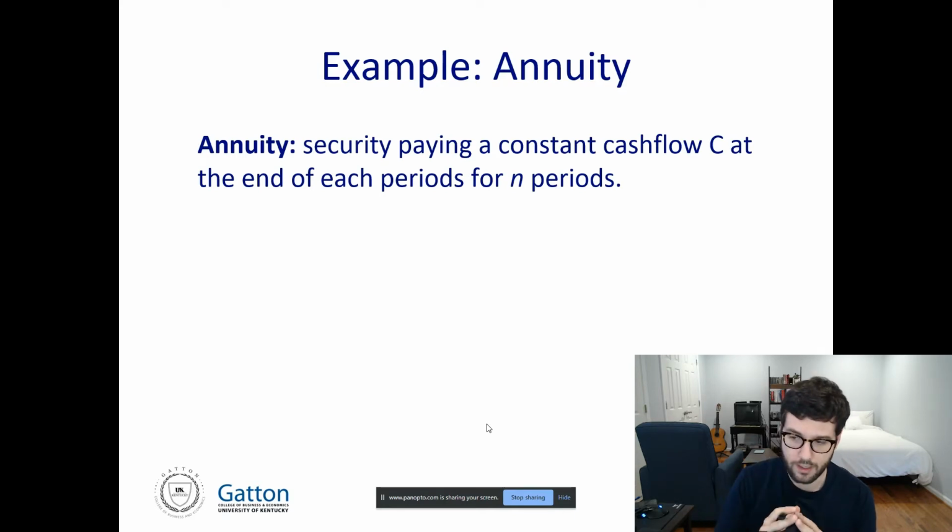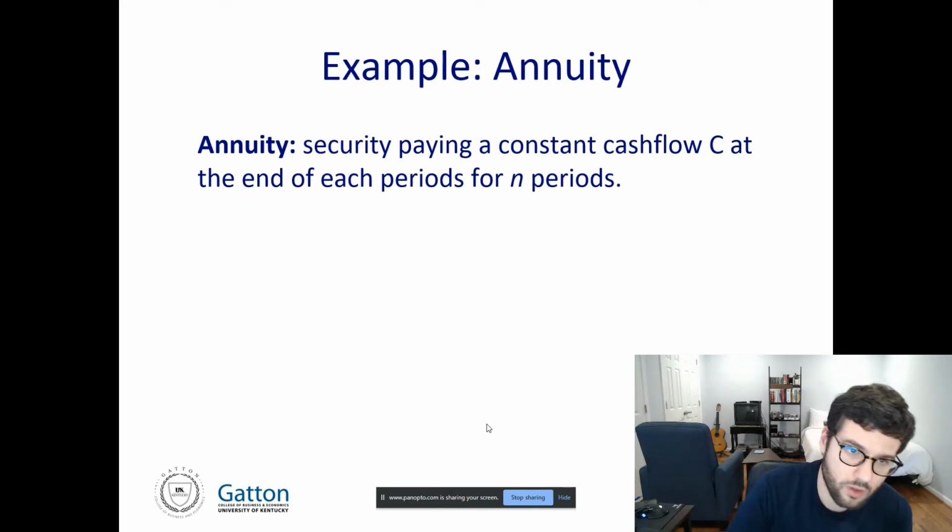We basically apply the formula for the present value.